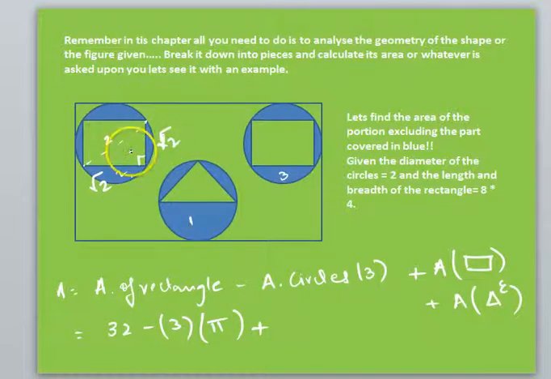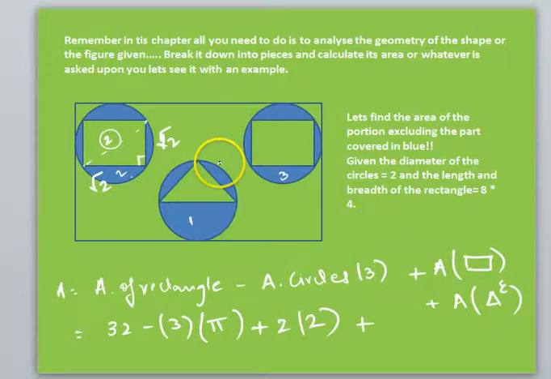If you apply the Pythagoras theorem, I get my hypotenuse as 2, because root 2 square plus root 2 square gives me 4 and root over 4 gives me 2. So I'm perfectly right. Now L into B gives me root 2 into root 2, which is a square actually, not a rectangle, which gives me 2. But I have two squares over here, so plus 2 into 2.